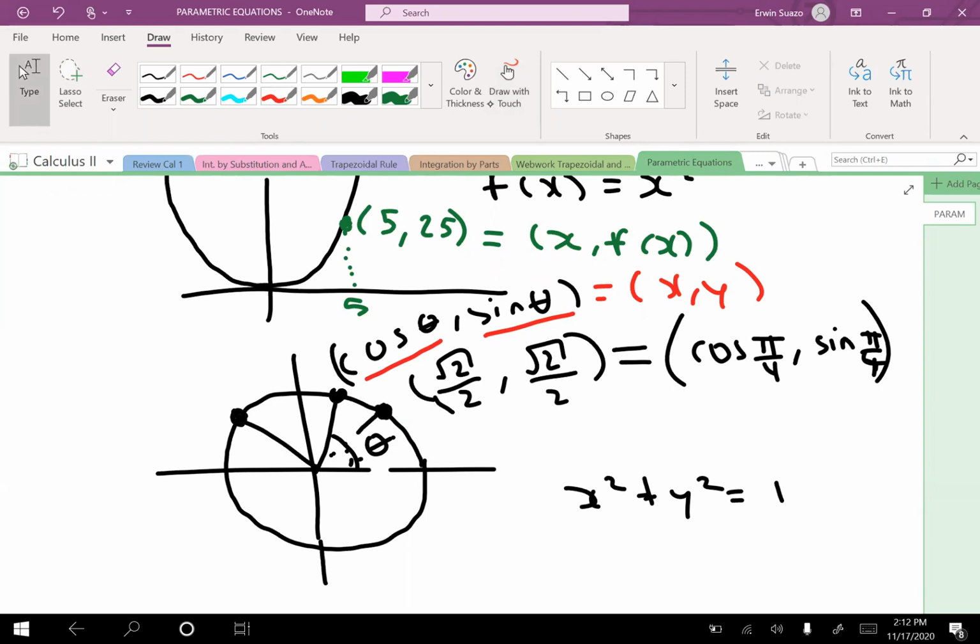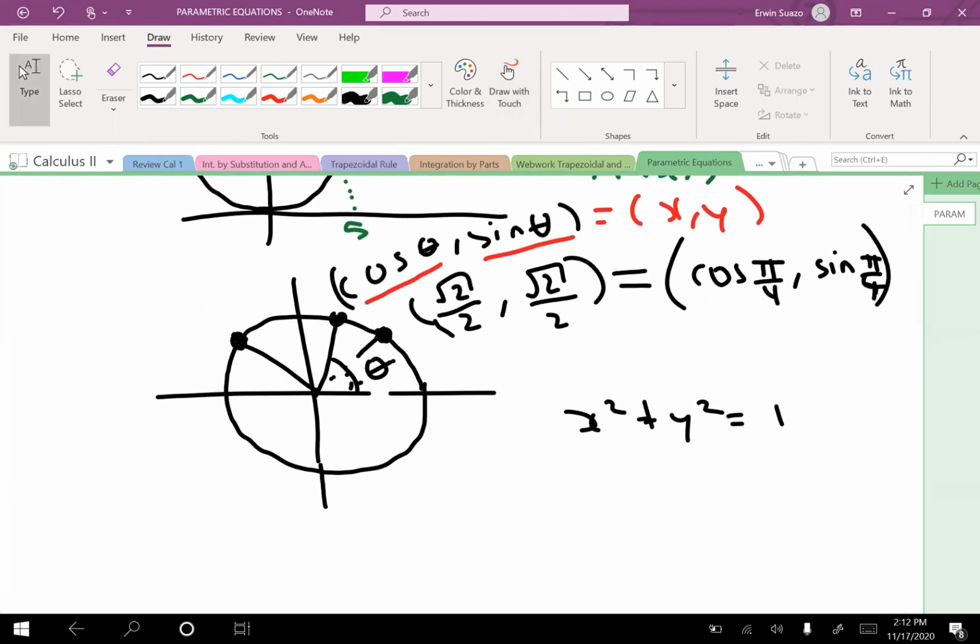Okay, so long time ago, you know this, we haven't explored it, but another way to see this from pre-calculus was this. So x equals cosine of theta, y equals sine of theta.